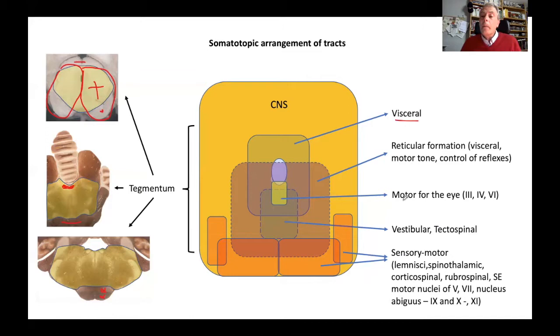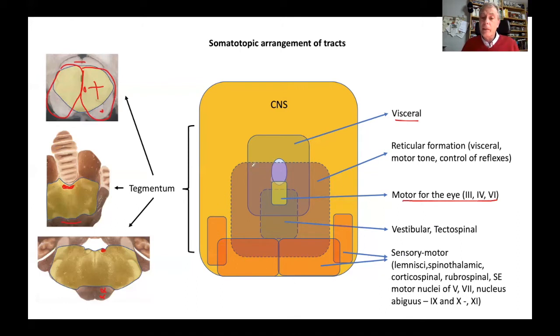The motor nuclei for the eye, oculomotor, trochlear, and abducens, they locate ventral in a midline location, ventral to the lumen of the central nervous system. Okay, they should be located around here at the mesencephalon, and here we have the motor nucleus in the medulla oblongata, the motor nucleus of the abducens.